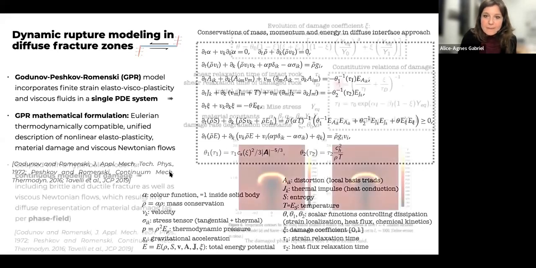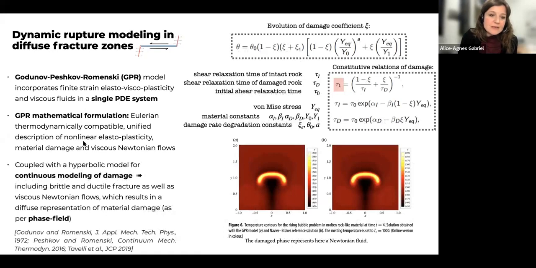In the models, we've been coupling one model for damage, allowing for the shear failure of the bulk material, with tuning the same model towards resembling, for example, linear slip weakening friction in the fault zone, to model the simulation that I just showed you before. What's interesting is that the same framework, which maybe resembles phase field approaches, so diffuse deformation approaches, would also allow us to investigate the transition to fluids. That is something that we're currently very interested in.